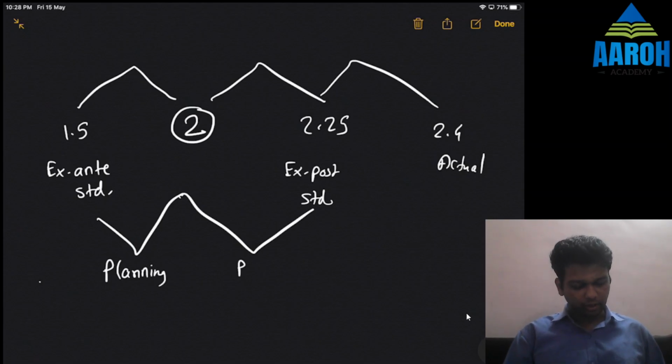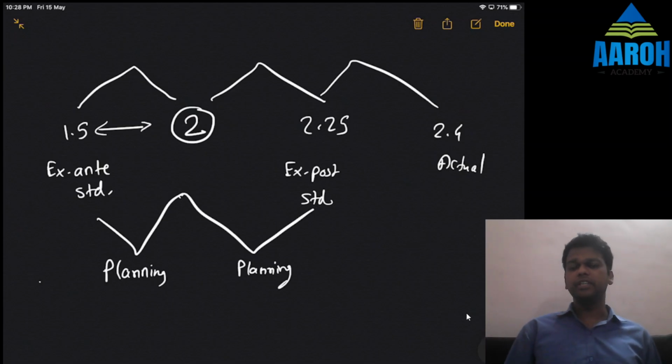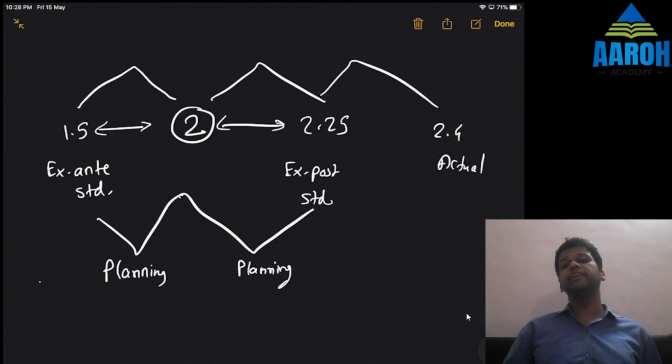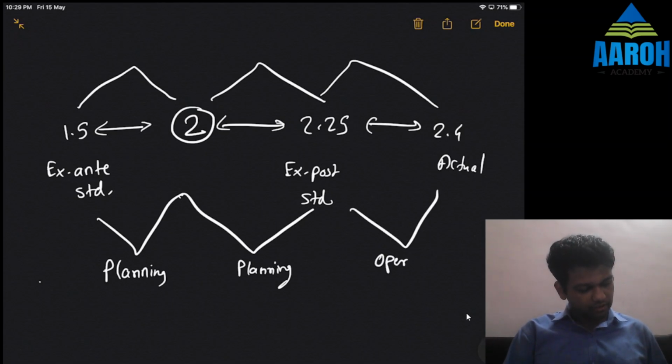That is, our planning went wrong. You can also see that we should have planned for PD, but we planned for PG. So that is the fault of the planning department, not of the purchase department. And even this is the fault of the planning department, because if we had selected correctly, then we could have purchased it at 2, right? But this is purely the fault of the purchase department, because if they had purchased efficiently, they could have purchased at 2.25. So this is purely operational variance.